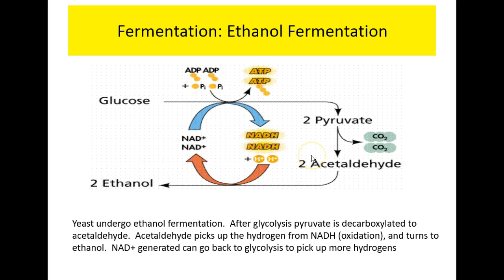So remember, fermentation is a process through which pyruvate or a derivative of pyruvate, in this case acetaldehyde, oxidizes NADH to convert it back to NAD+. Thus, NAD+ is again available to oxidize glucose and its derivatives so that ATP can continue to be produced through glycolysis.